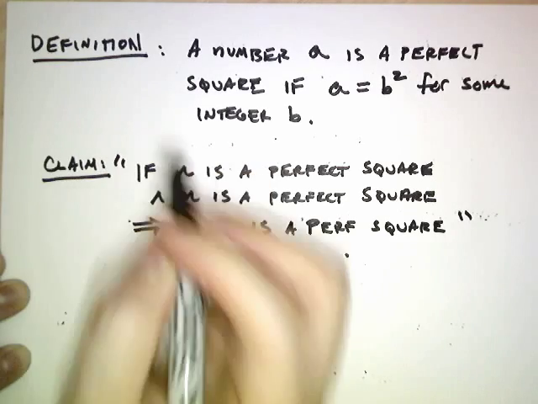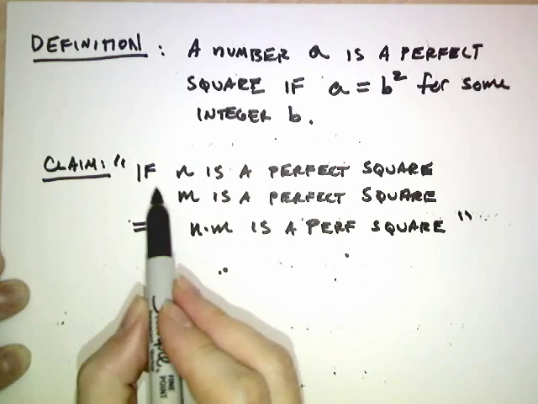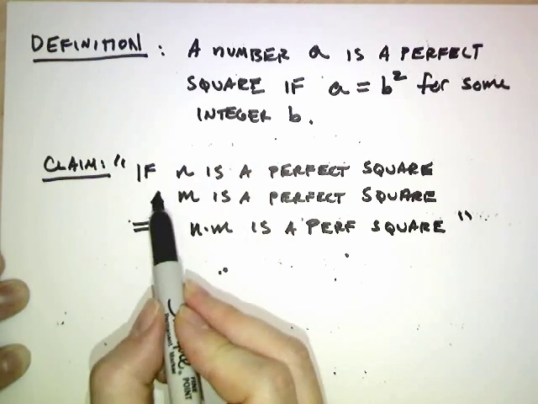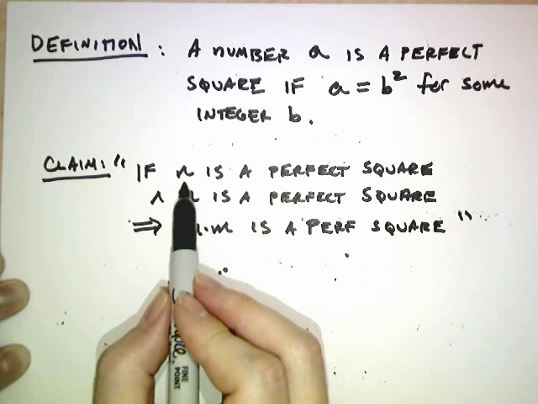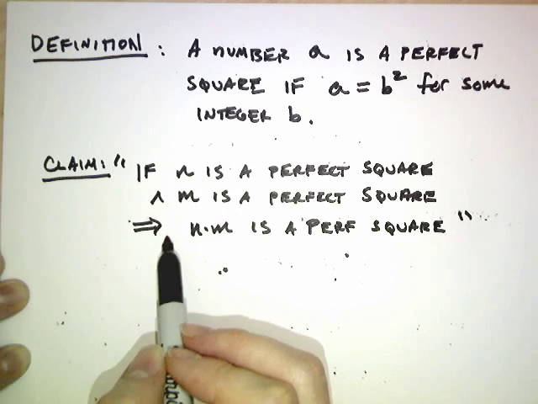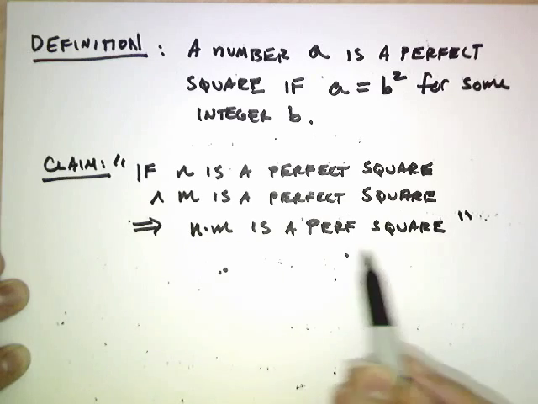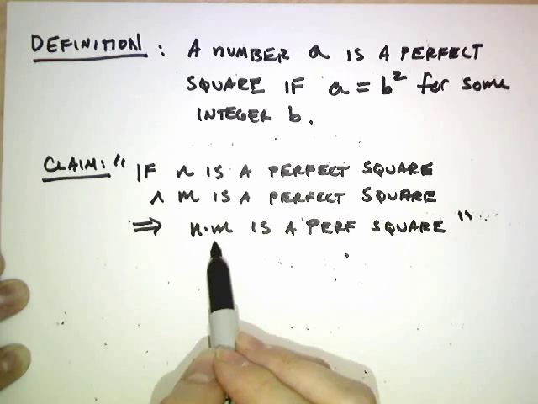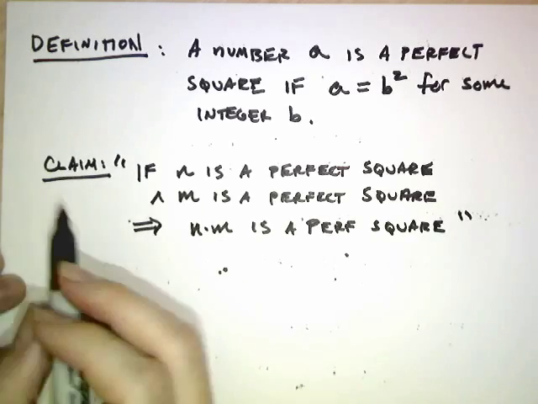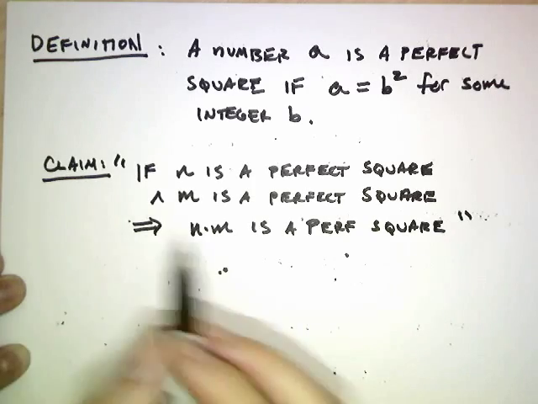So once again, you can see that we're trying to prove something that starts with mathematical statement 1, namely n and m are both perfect squares, and show that that implies mathematical statement 2, namely n times m is a perfect square. So if we want to prove this, what's the first step?